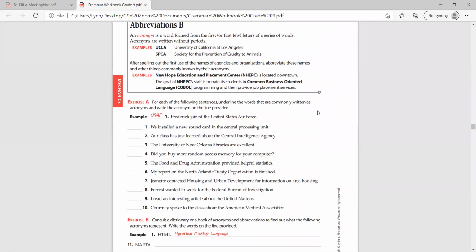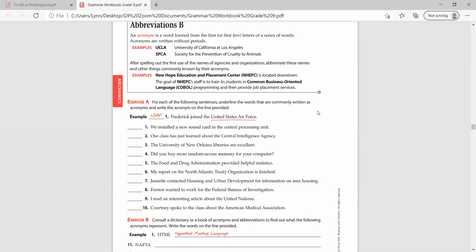An acronym is a word formed from the first or first few letters of a series of words. They are written without periods. Examples: UCLA stands for the University of California at Los Angeles. SPCA, Society for the Prevention of Cruelty to Animals.